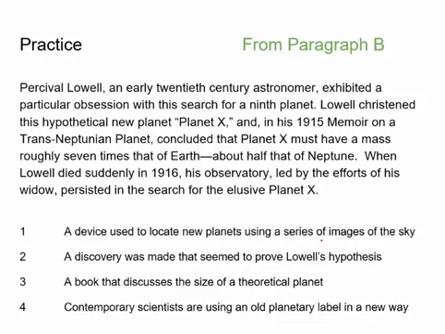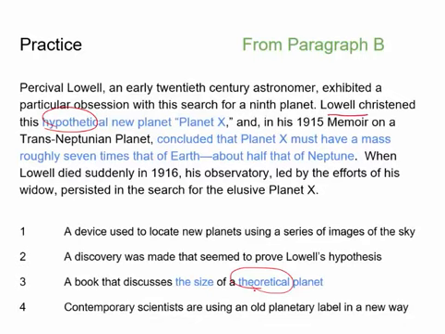Okay, well, that information is found in paragraph B. And here's where we get that information. Okay, so Lowell up here christened this hypothetical new planet X. Hypothetical. Okay, hypothetical in this case is a nice paraphrase of our idea down here. Theoretical. Okay, it's not known to exist.